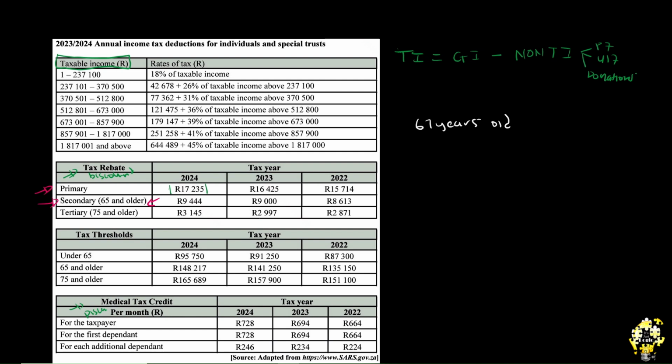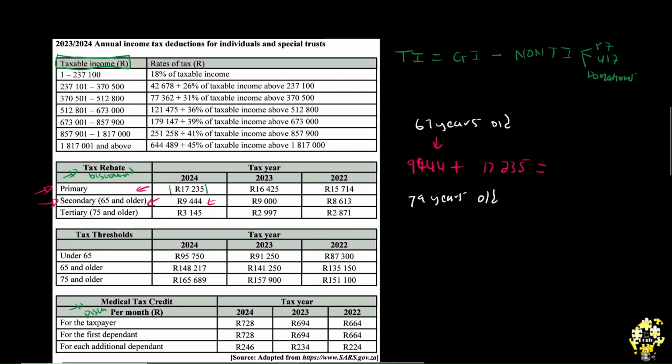A person who is 67 years old, as much as they qualify for the 9,444 because that's where they are, which is secondary, they also qualify for 17,235, which is in the primary. Now, how about someone who is 79 years old?